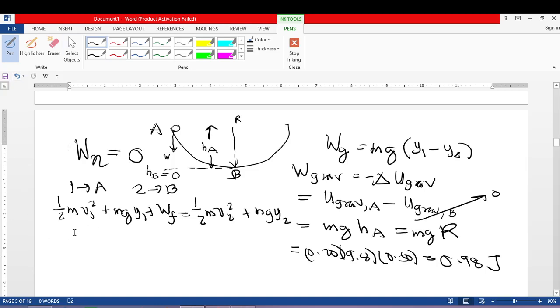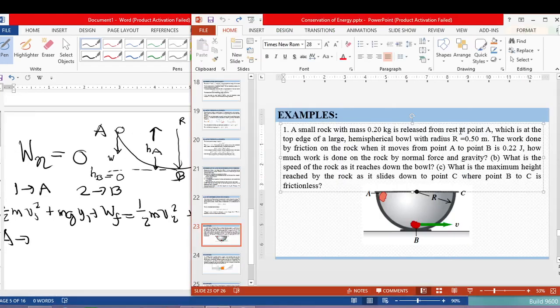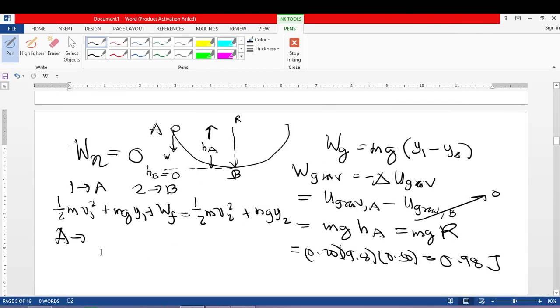At point A, it is at rest, right? The problem says it is released from rest at point A. So there is no kinetic energy, meaning vA is equal to 0, but there is potential energy, which is the gravitational potential energy.